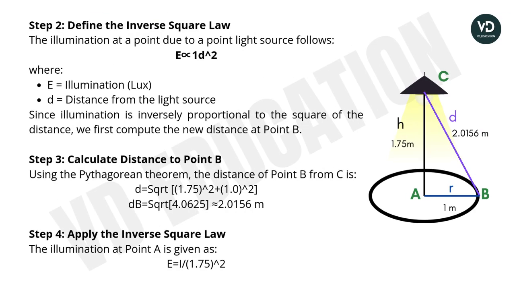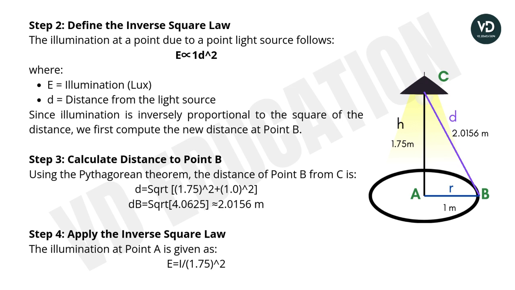Step 2. Define the inverse square law. This equation is used where the E is the illumination in lux, D is the distance from the light source. Since the illumination is inversely proportional to the square of the distance, we first compute the new distance at the point B.